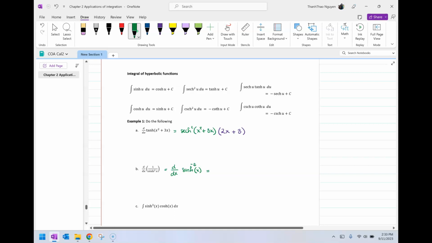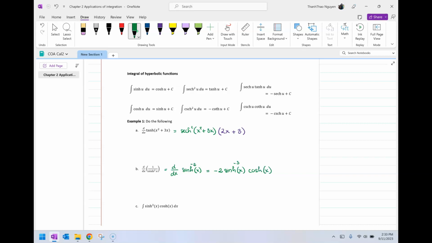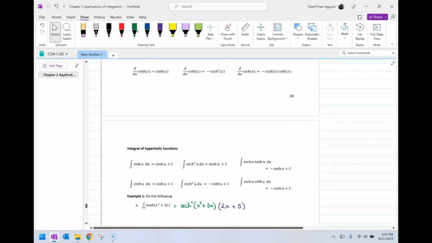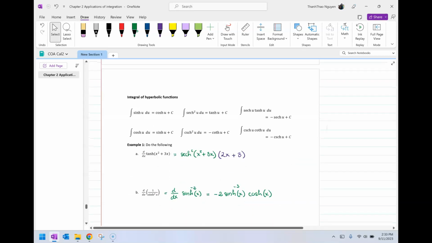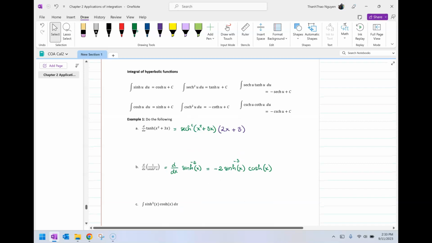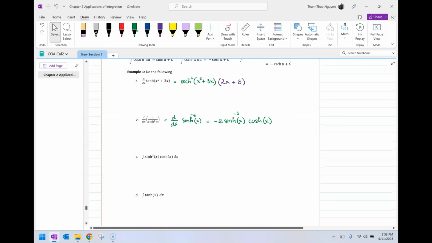We need to use the chain rule, so here we get negative 2 sinh of x to the negative 3. Now we have to take the derivative of sinh, which gets us cosh of x. So let's double check. Is the derivative of sinh equal to cosh x? Yep, so that is it.